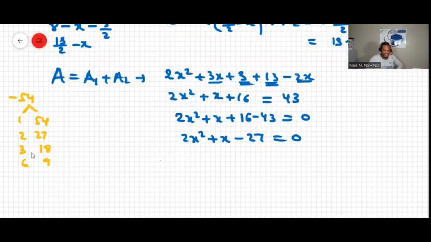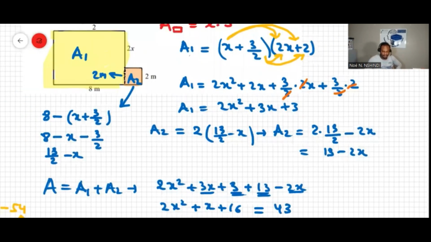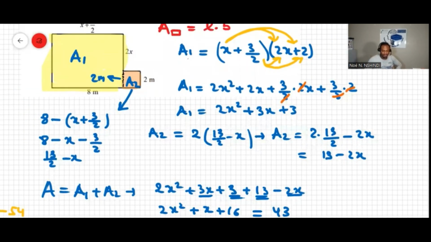But we don't see any couple here that can make a sum of 1, meaning something is wrong. Let me double check. Oh yes, over here we didn't do 2x plus 3x, which makes 5x.